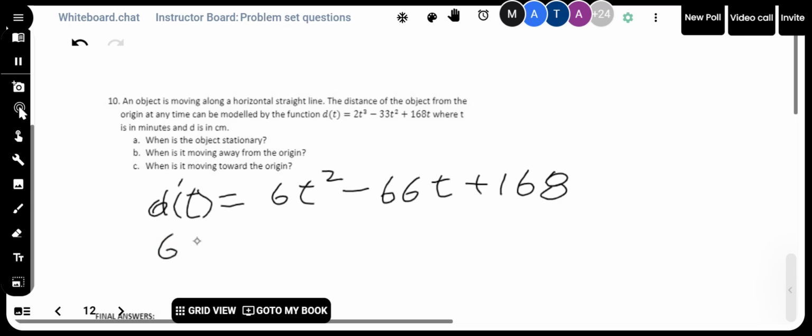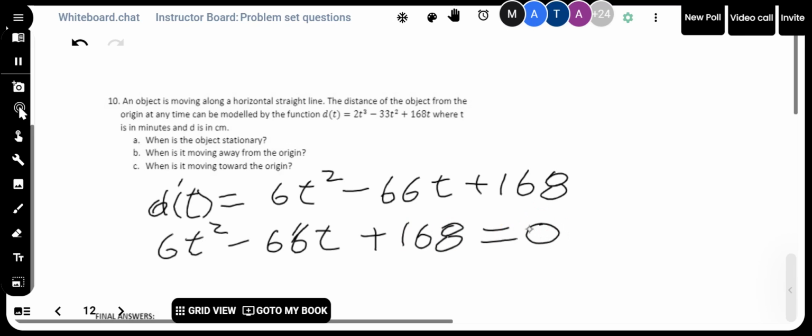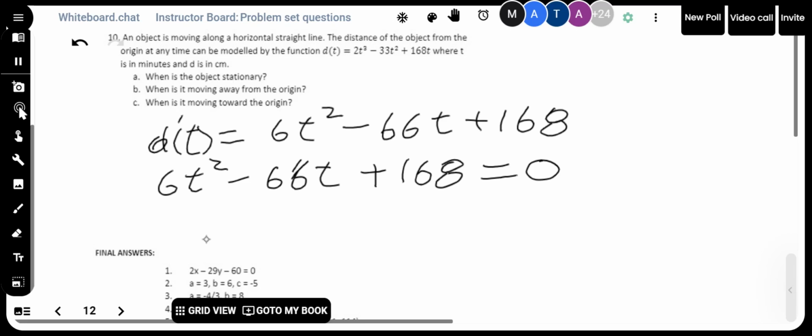So we're taking 6t squared minus 66t plus 168 and setting it equal to 0. And you know how this works. How do I solve this equation at this point? It's a quadratic, so just like we did in the last question, how do we solve for t? We factor it. This is factorable, I think I remember correctly.